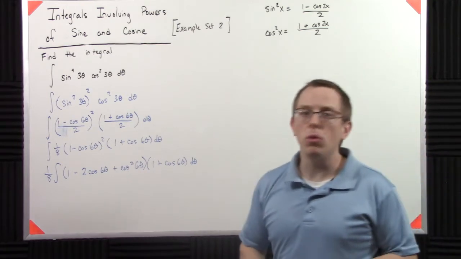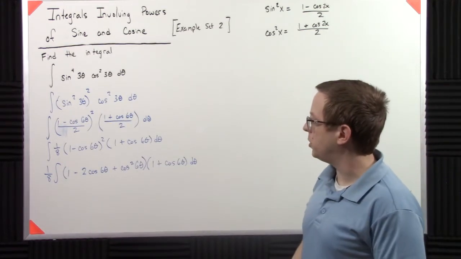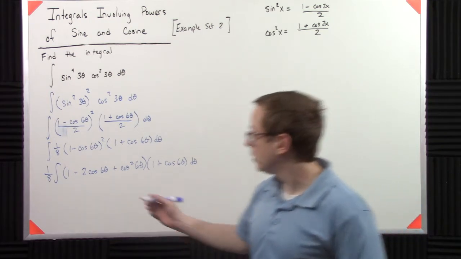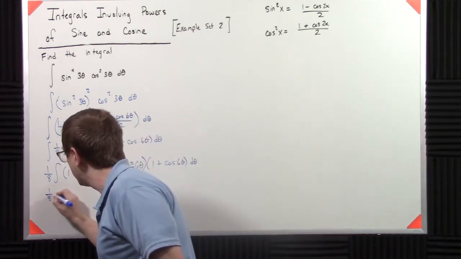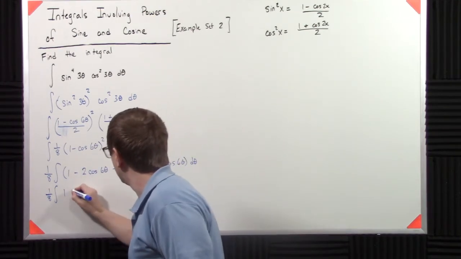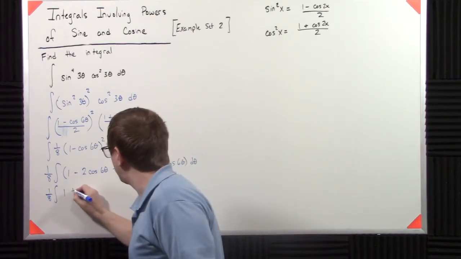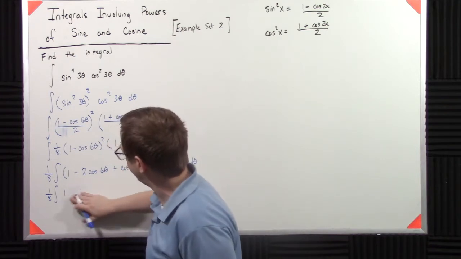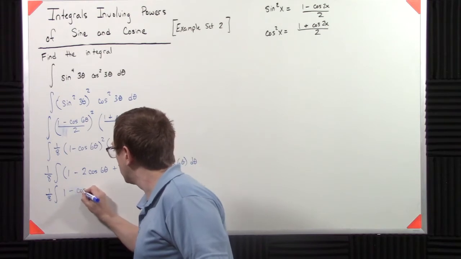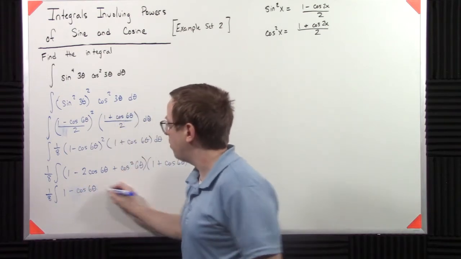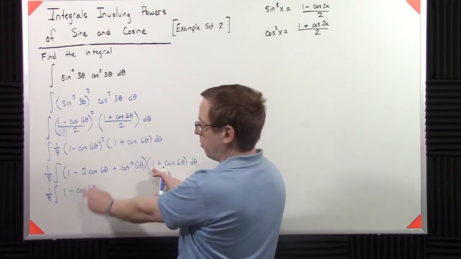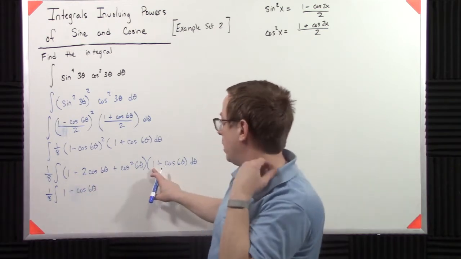Now, the next thing I want to do is multiply these things together. So I get 1/8 times 1 plus cosine 6 theta, but that's going to subtract 1 from it, so you ultimately get a negative here.